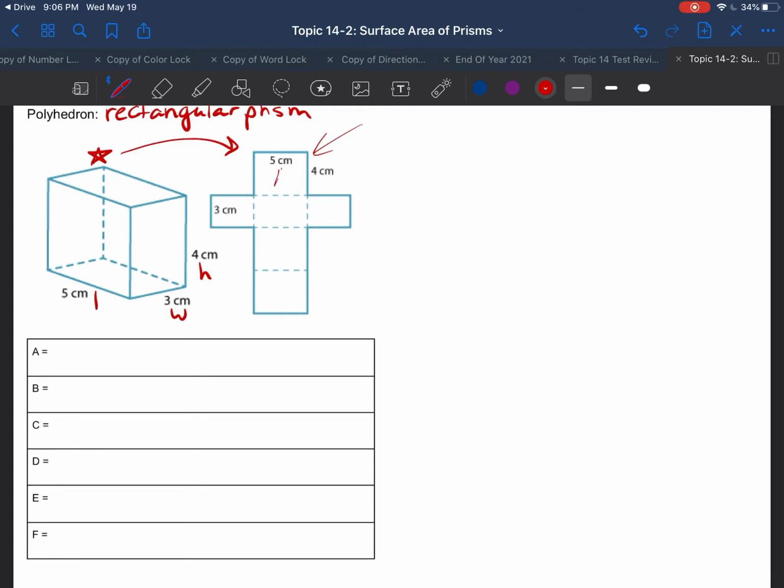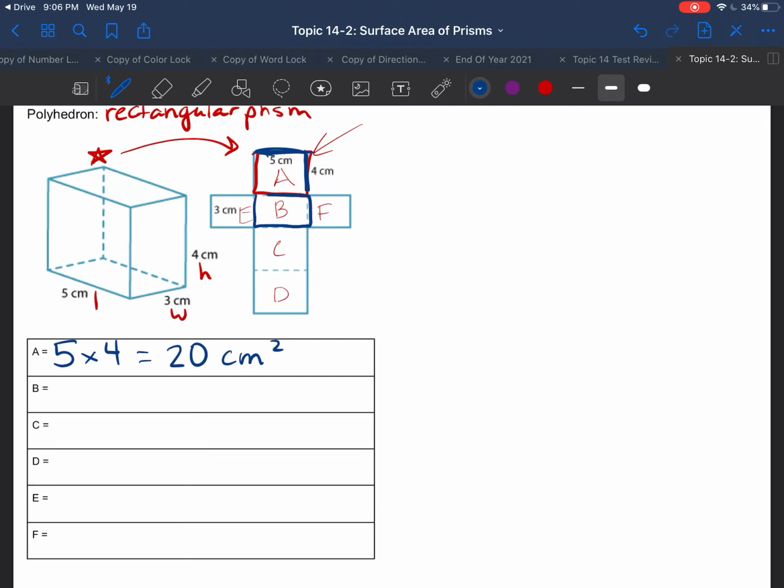So I'm gonna do A, B, C, D, E, and F. Okay, so A, to find the area of that face of the polyhedron, what do we need to multiply? Well, we have to multiply 5 and 4. So A is 5 times 4, and we get 20 centimeters squared for the area of A.